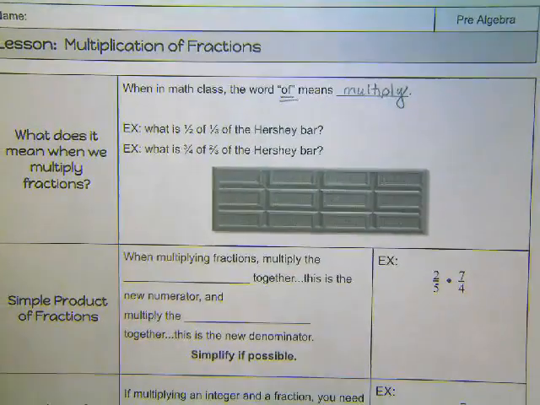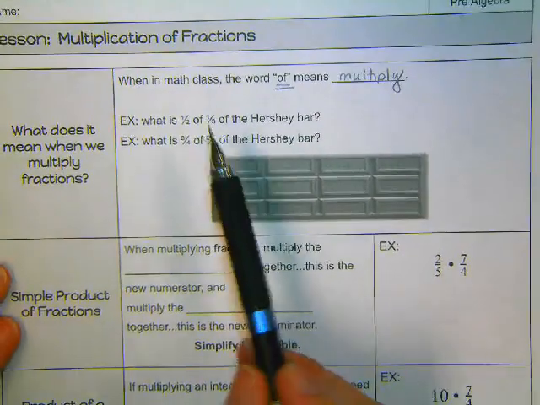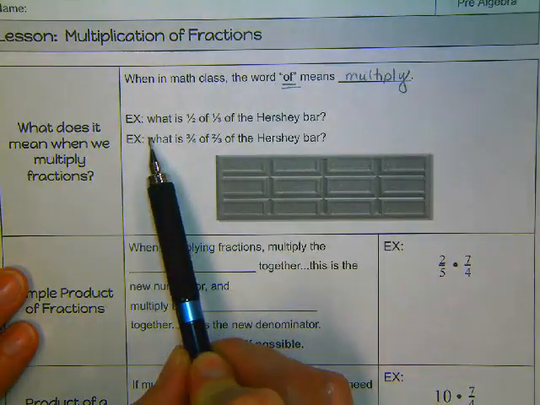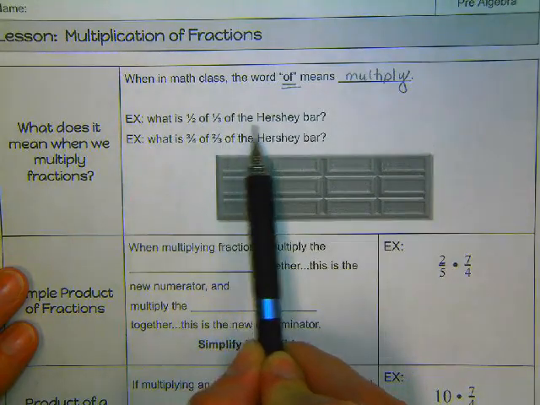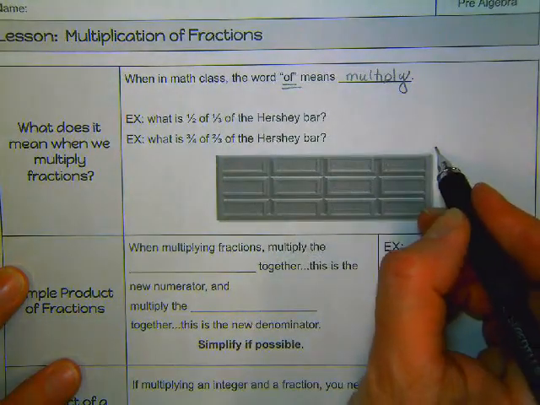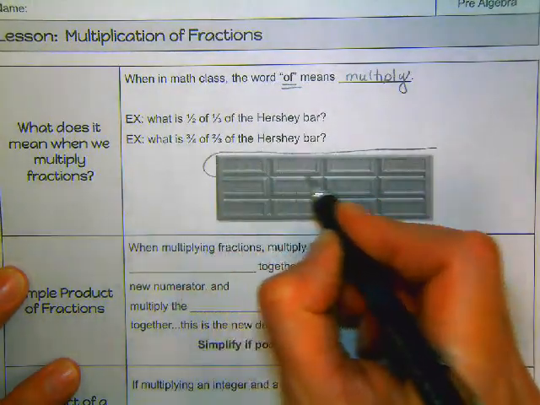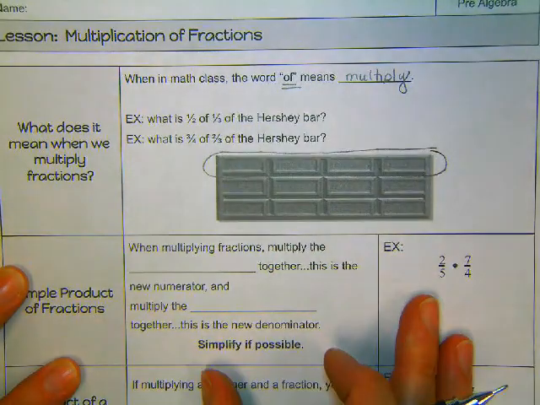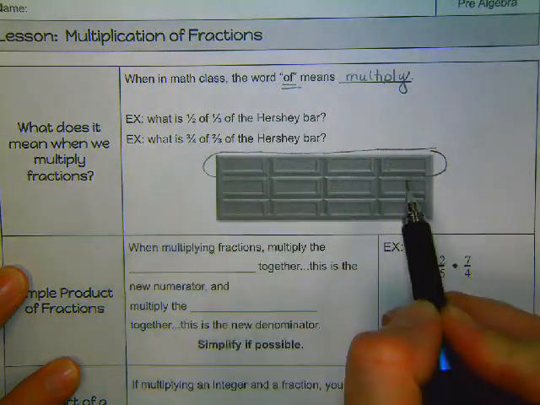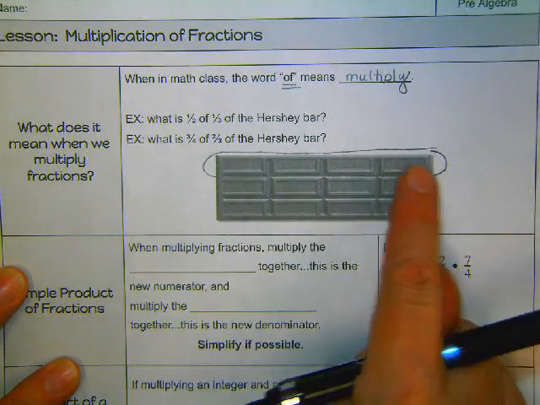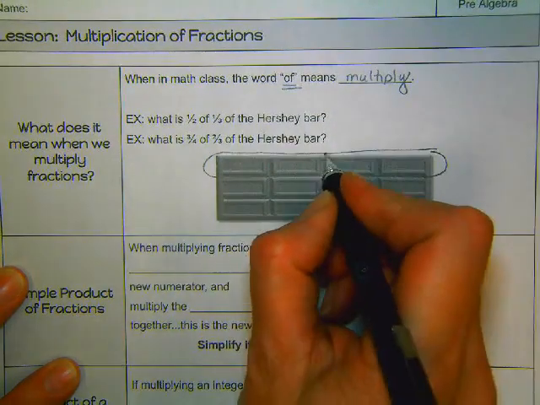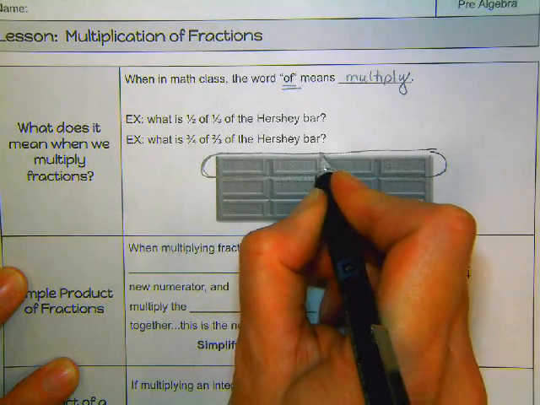And so why do fractions end up getting smaller? Let's say we're trying to find what 1/2 of 1/3 of a Hershey bar is. Here's 1/3 of a Hershey bar. If we want just 1/2 of that 1/3, we would be talking about just this part right here.